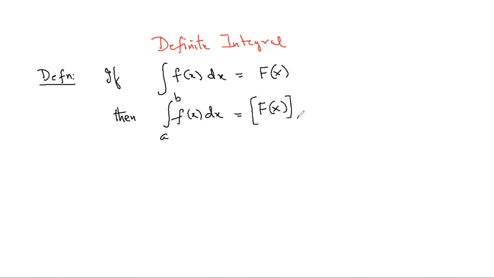In that new function, you will write the lower limit a here and the upper limit b here. Then you will replace x by the upper limit minus replace x by the lower limit, and that becomes your answer. This is the definition of definite integral. How to calculate the definite integral?